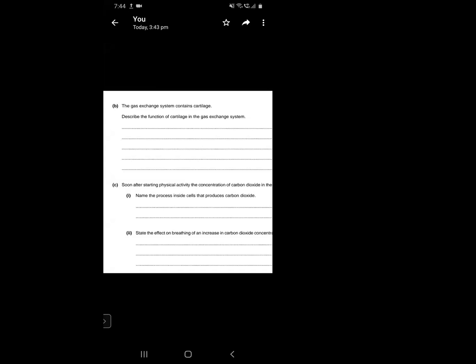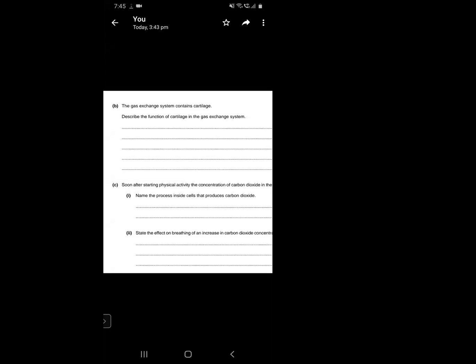The esophagus is a muscular tube, and it only opens when we are eating or swallowing. Whereas the trachea is open all the time because we are breathing all the time. The gases have to enter and leave, whether we are sleeping, staying up, or whatever. So the function of cartilage is to keep the tubes open. That's the thing.